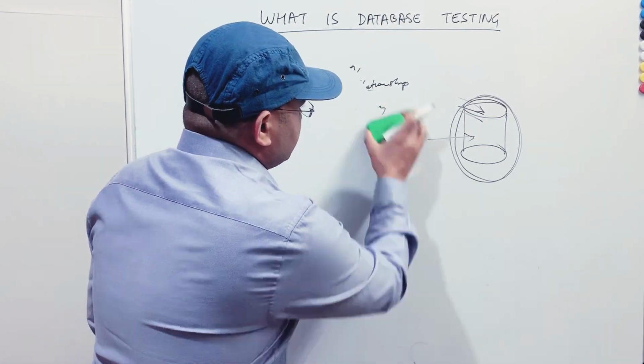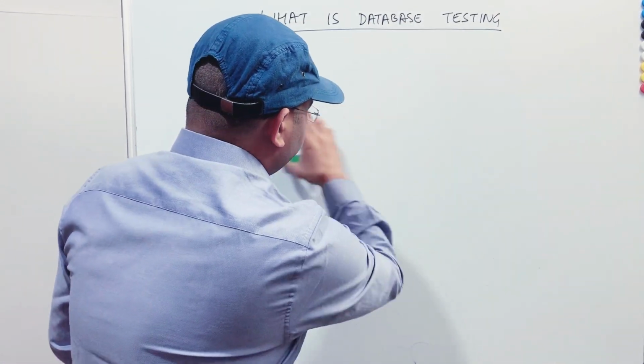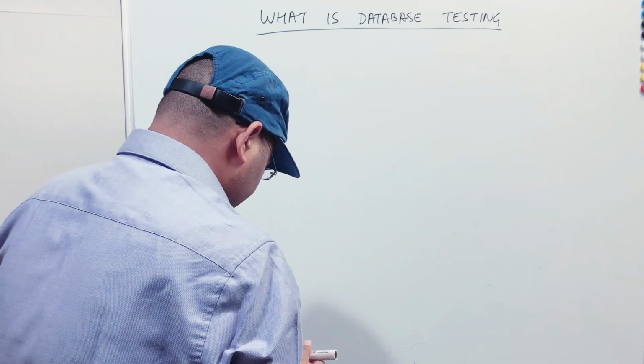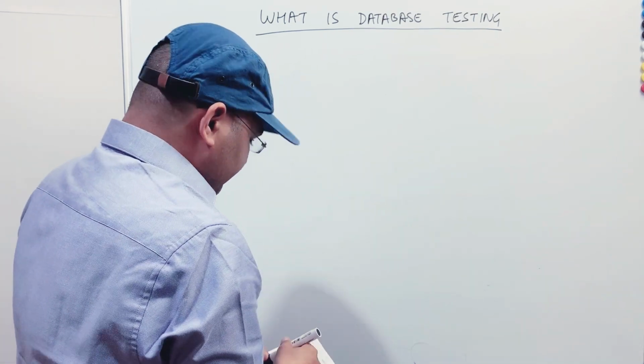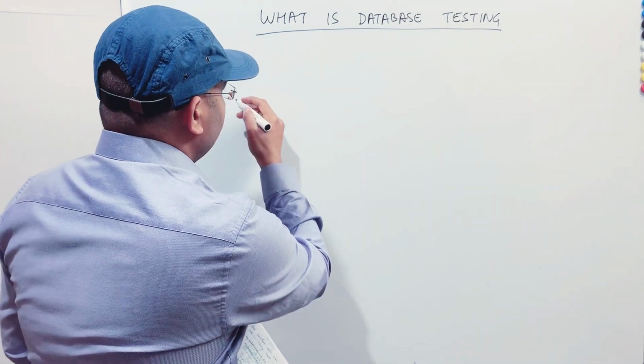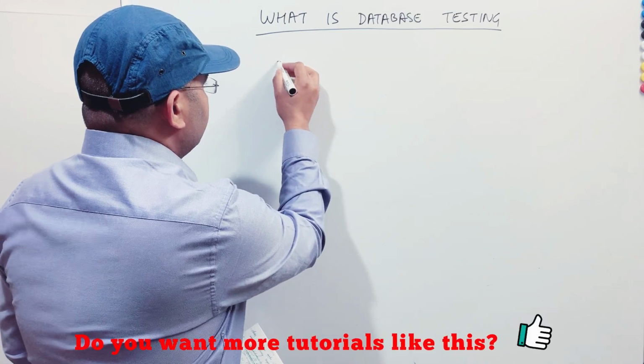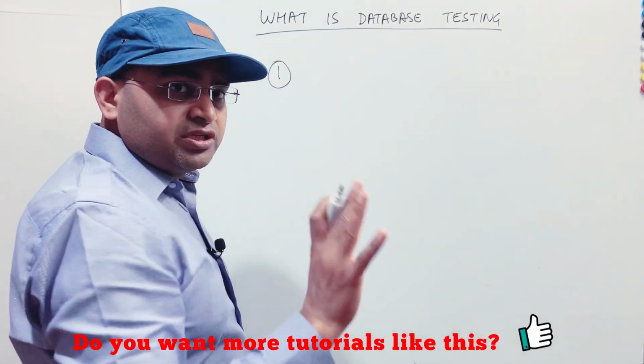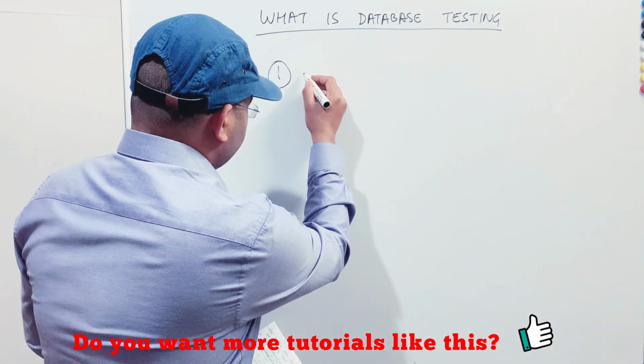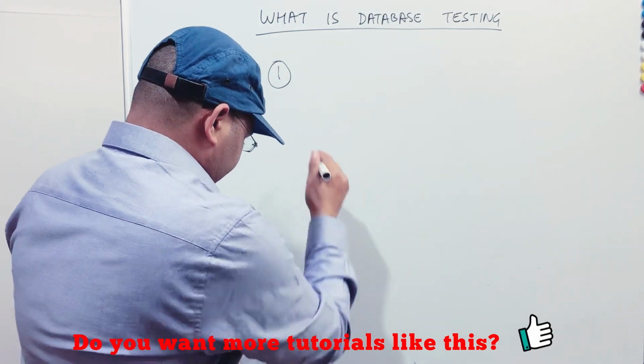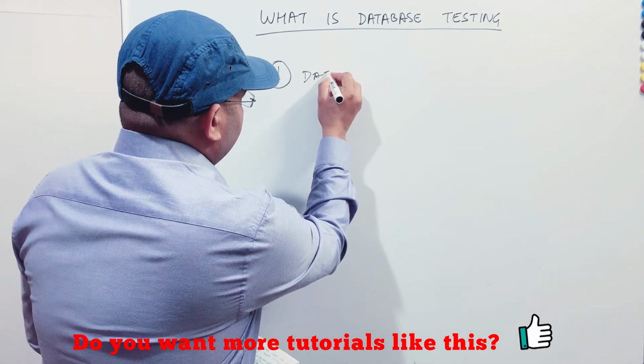Now, what are the key activities that you need to check when you are doing database testing? Ideally there are 4 points that you need to remember. The first one is data mapping, right?